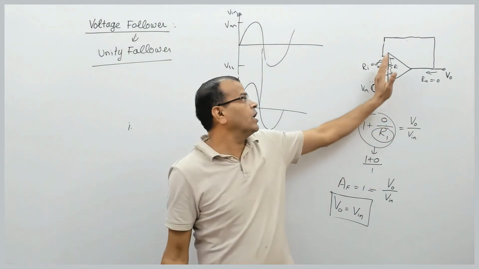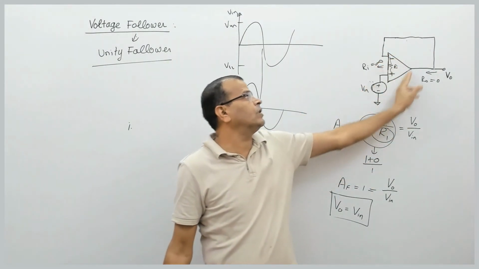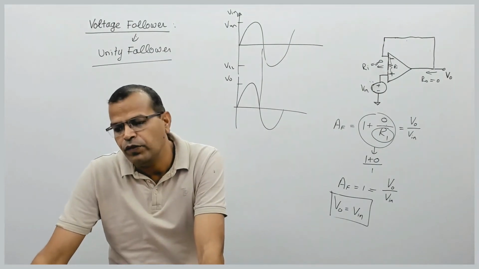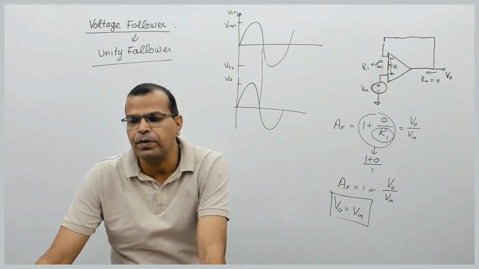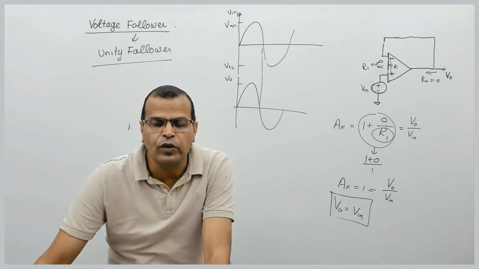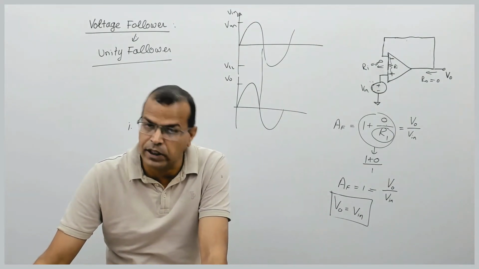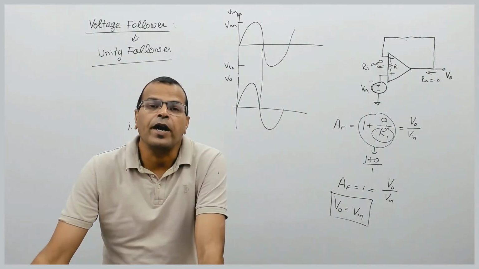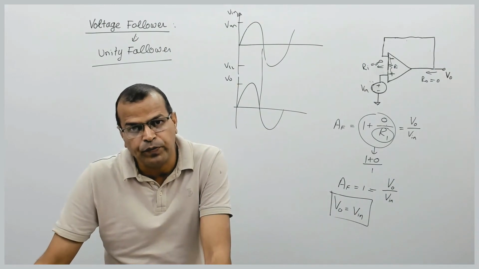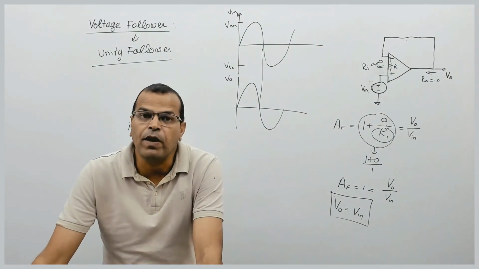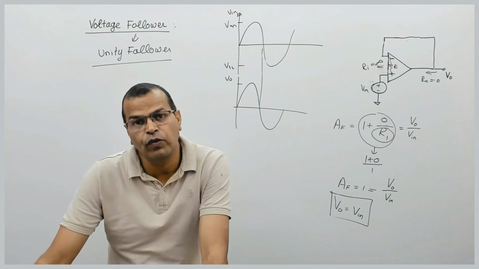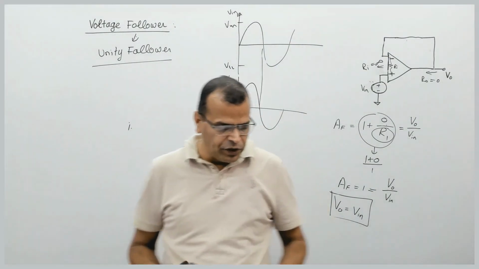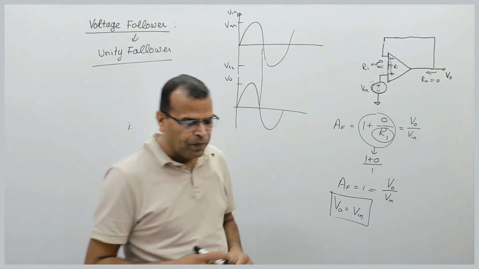Isolation means the input circuit is completely isolated by this op-amp from the output circuit. It provides unity gain, matches a high impedance source with a low impedance load, and can raise the power level without changing the voltage level. These are some of the salient features of the voltage buffer.